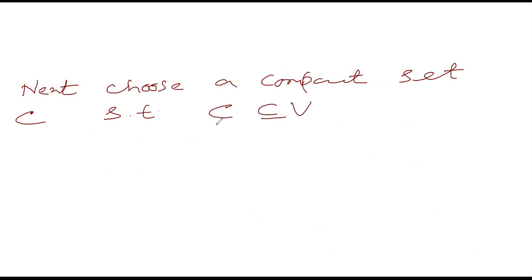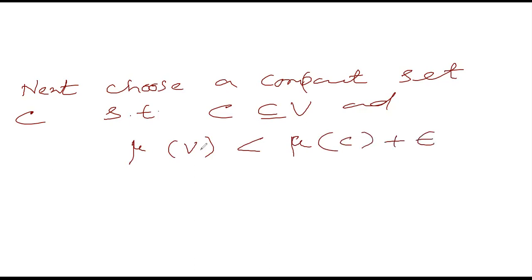It is the supremum over compact sets, and the measure of the open set minus epsilon is less than the measure of the compact set. You are applying the property of supremum because mu of V is the supremum of such measures, over compact sets C that are subsets of V.